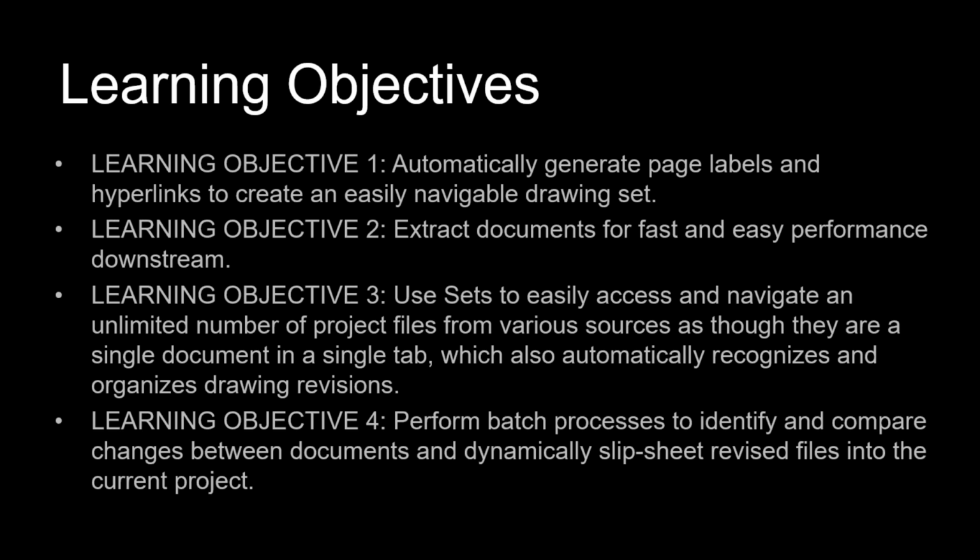We'll eventually get into the process of extracting documents out from a combined set into a single sheet workflow, if you will, which increases speed and efficiency and also allows for combined editing between coworkers or collaborators as well.